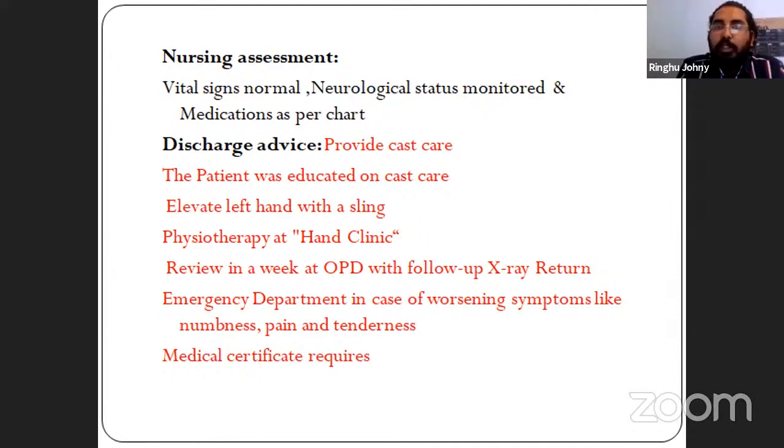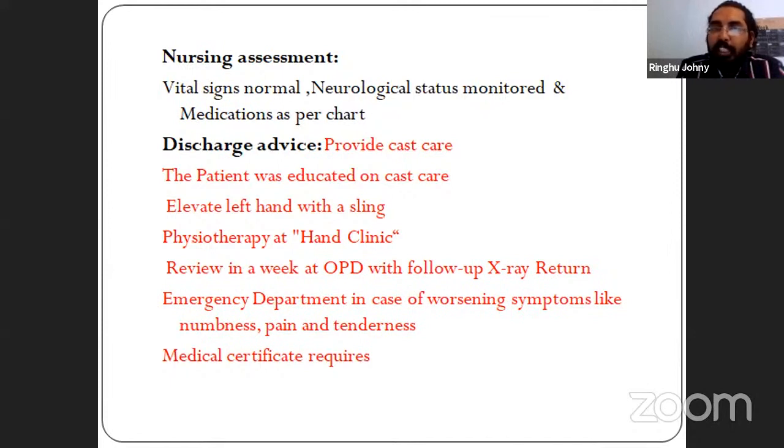In light of the above, it would be greatly appreciated if you could provide cast care. It's very easy. You can write as it is, as it's mentioned: if you could provide cast care for Mr. Deeb, or if you could provide cast care and re-educate Mr. Deeb about the same.